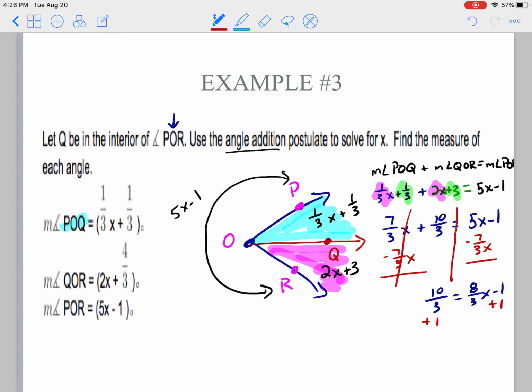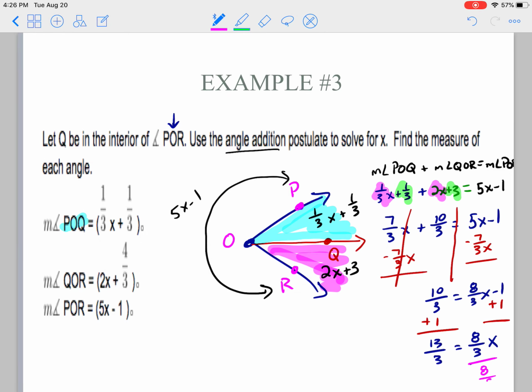And so 10/3 plus 1 is equal to 13/3 equals 8/3 x. Now when I divide a fraction, okay, because I have to divide out that 8/3.